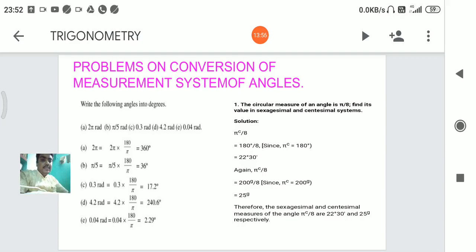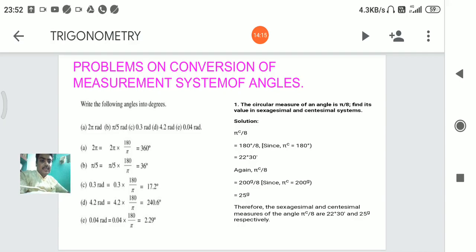Here it is given pi by 8, and you know that pi radian is equal to 180 degree. So in place of pi radian we put 180 degree and divide by 8, it is 22 degree 30 minutes.